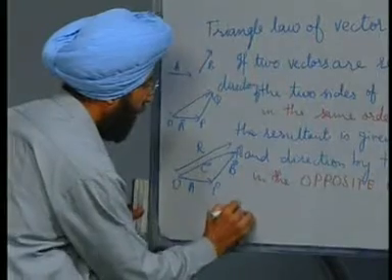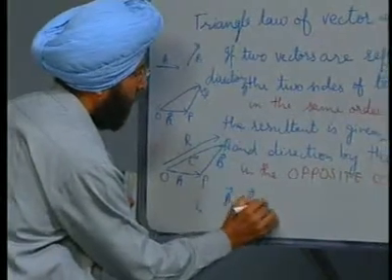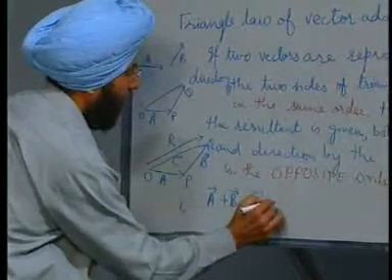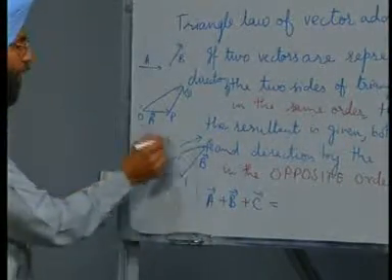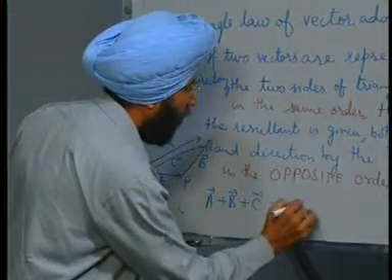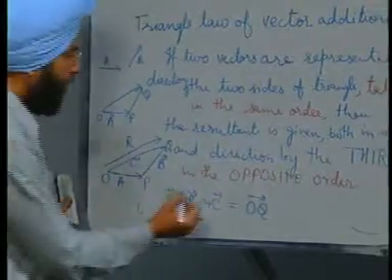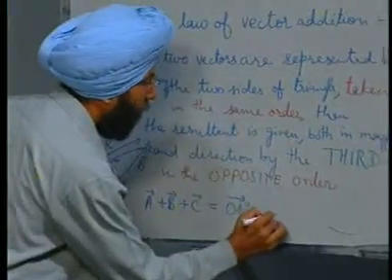So, we have A plus B plus C. Using the triangle law of vectors, A plus B is equal to the OQ vector. C is represented by the QO vector.